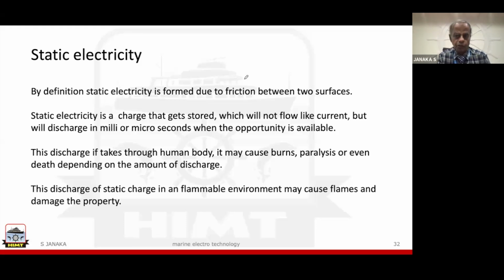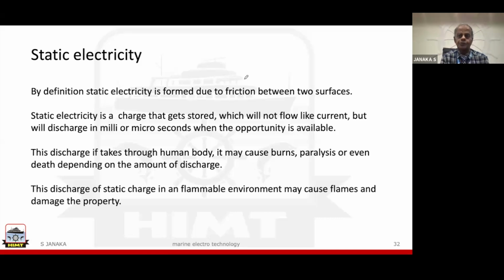Depending upon the amount of discharge, if it is a mild discharge, it may cause only burns. A major discharge will straight away kill you. Again, a mild discharge may cause paralytic effects, nervous disorders, etc. The discharge of static charges is not for long hours; it is momentary, in terms of milliseconds or seconds.